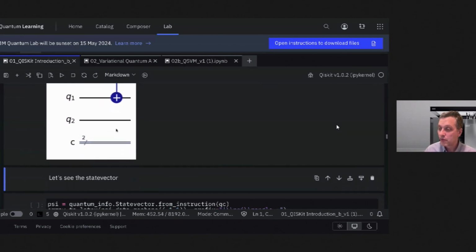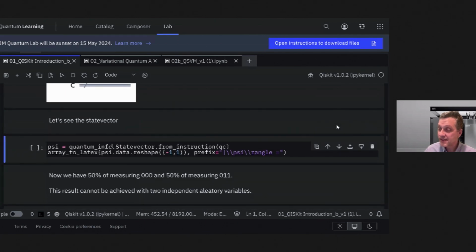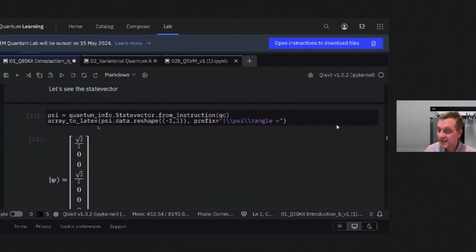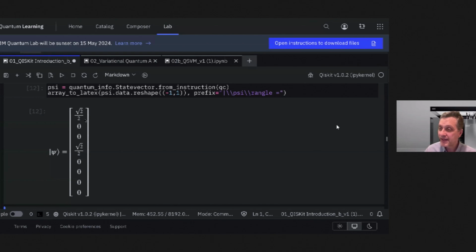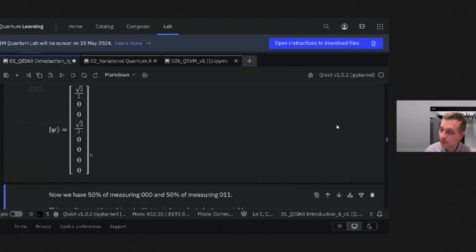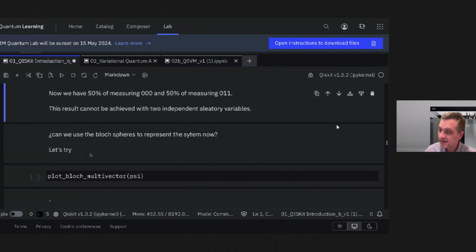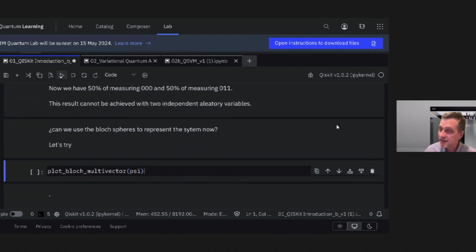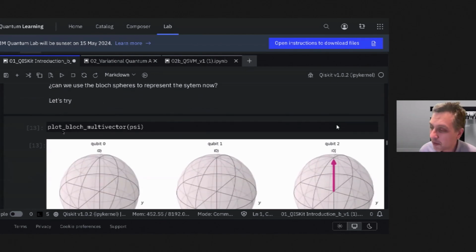So when we see the possible states of this vector, we can see 00, 01, 10, 11. In this case, either both qubits are in the 0 position or both qubits are in the 1 position. Can we plot this using the Bloch sphere?